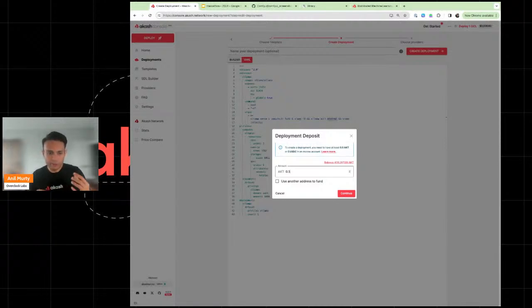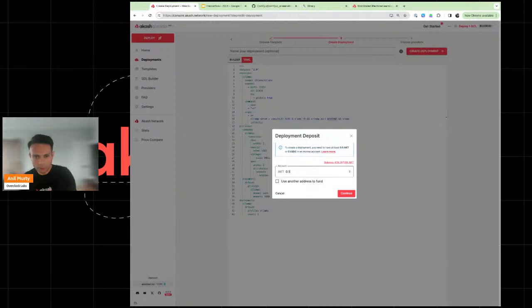What we do is create an escrow account between you as the user and the provider that's going to be running it. We say, okay, deposit a certain amount of money into this account, and then the provider is allowed to withdraw a small portion of that as time goes on. And at any point, if you decide that you don't want to be running this workload anymore, or you don't want to be using the resources on the provider anymore, if you close that deployment or close that lease, then you get the remaining balance back to your wallet.